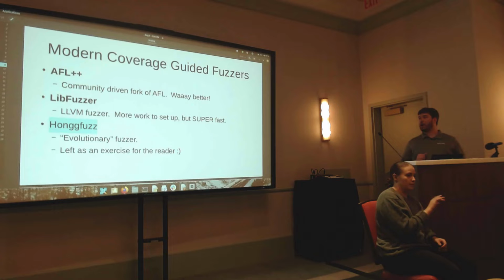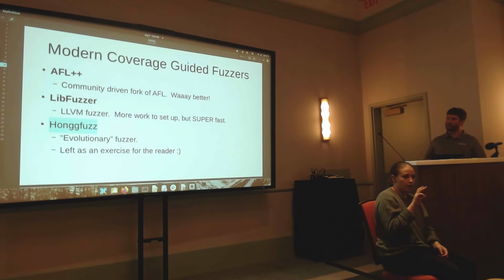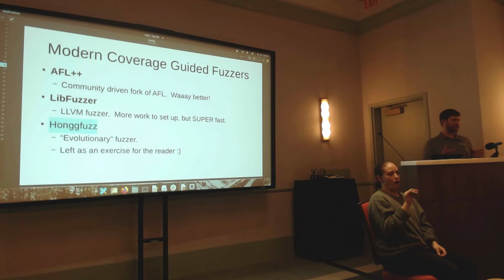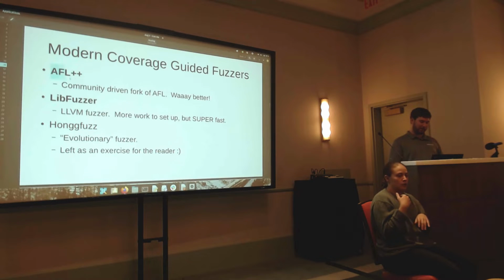There's another one called honggfuzz that uses what they call an evolutionary algorithm for their fuzzer. So it's coverage guided, but it's a little bit smarter about how it mutates those input samples. And it finds things that generate new paths and then combine those to, I don't know, do better than before. I have information in these slides about these two, but would definitely recommend looking into that one as well.